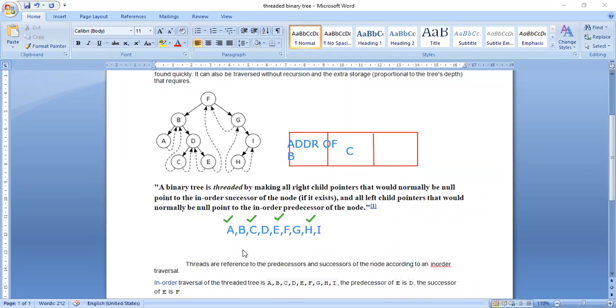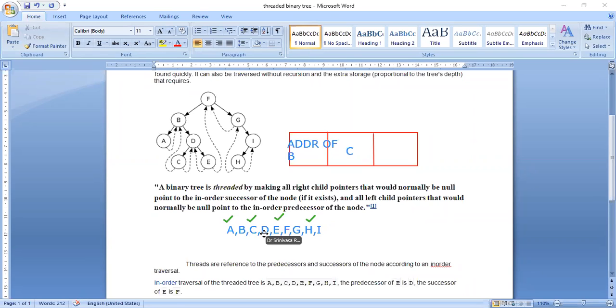Next, what will I write in the right address pointer? The successor of node C. So you can see the definition: all the left child pointers that would normally be null point to the in-order predecessor, and the right child pointers that would normally be null point to the in-order successor. Successor means the node visited after the present node. The present node is C. Which node will be visited after C?